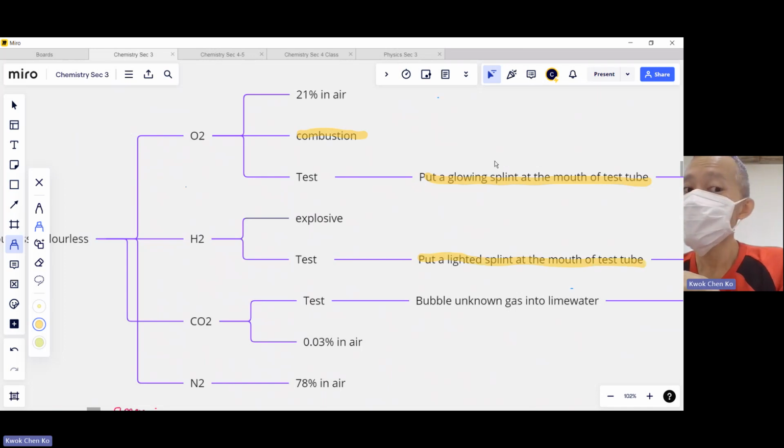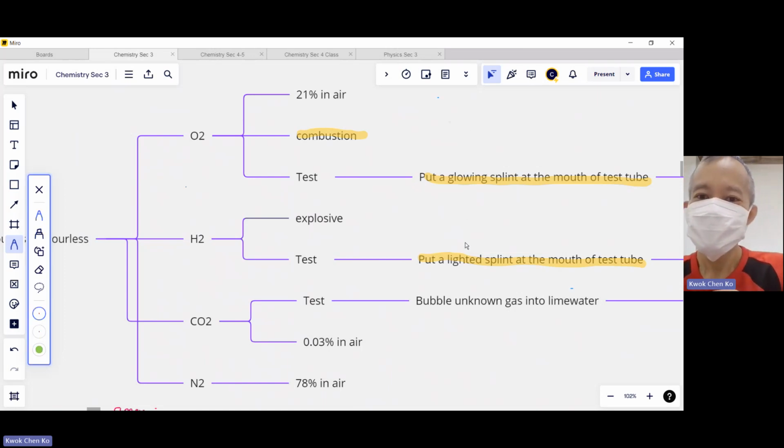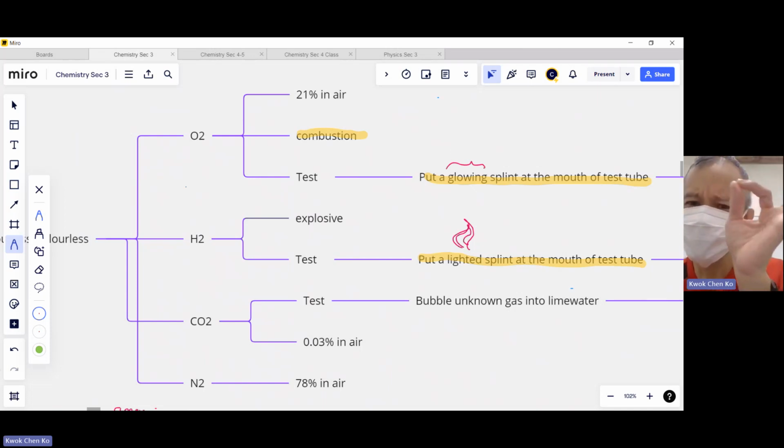But for oxygen, notice the difference in the word. This is lighted. But what's the difference between the two words? Of course, it's important. You cannot put the wrong word. Lighted is very simple. It means there is a flame. Glowing means there is an orange light.